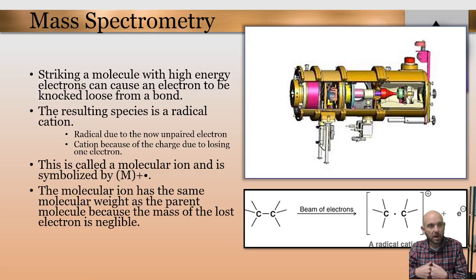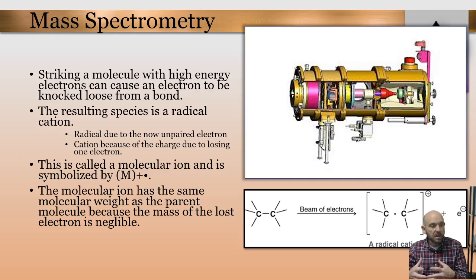We introduce our target molecule into the tube and we shoot it with these high energy electrons. And what happens is sometimes one of these high energy electrons that we are firing at our molecule strikes one of its electrons, and it knocks an electron off of our target molecule, causing one of the electrons in one of the bonds to be ejected, to leave that molecule.